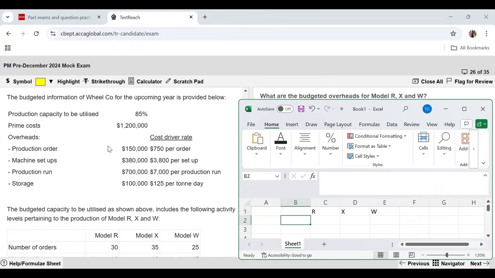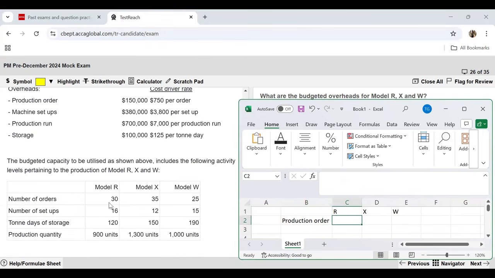Let's first talk about the overheads which are in the name of production order. So it is given to us that 750 is the cost driver rate. That means how many is the number of orders we are going to apportion accordingly. So 750 multiplied by how many orders do we have for Model R is 30.